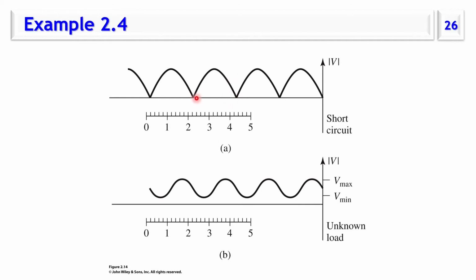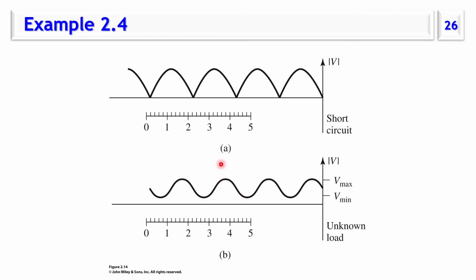So we can use the short circuit to find the wavelength. Then we put the unknown load and find the position of the minimum. The minimum here is much sharper than here. In general, the minimum is steeper than the maximum, which is why we use the minimum to find the unknown impedance. Of course, with very sensitive measurements, we can use the peaks as well.